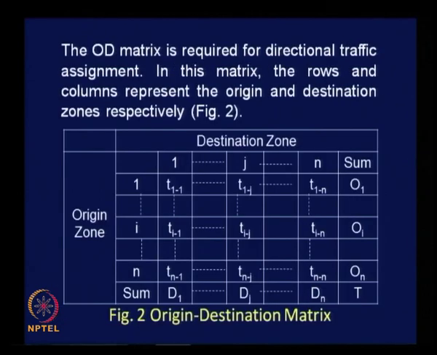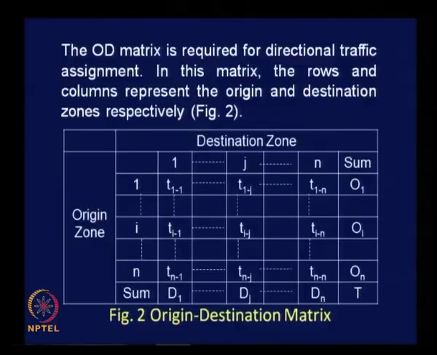Then the OD matrix. As I said, the OD matrix is necessary to have information about the direction of movement, origin and destination. Once you have this information, you can perceive the direction of movement of trips from one zone to all other zones. That is the purpose of preparing an OD matrix. Now here the destination zones are given along columns and origin zones are given along rows.